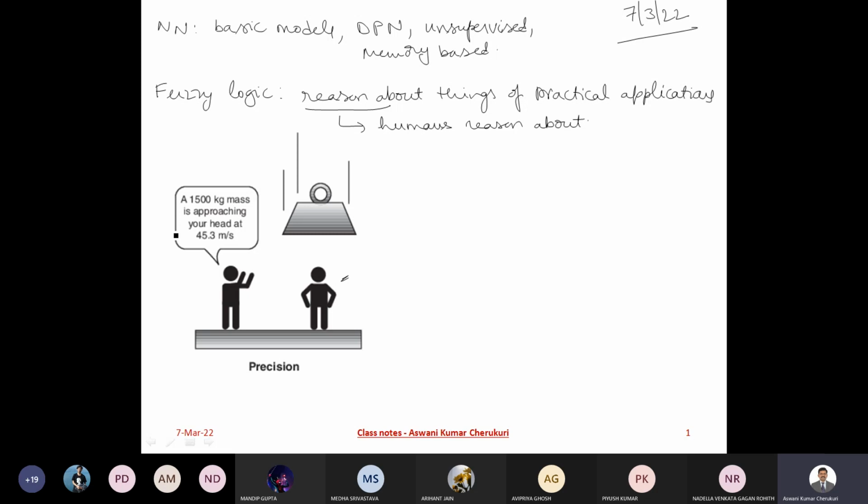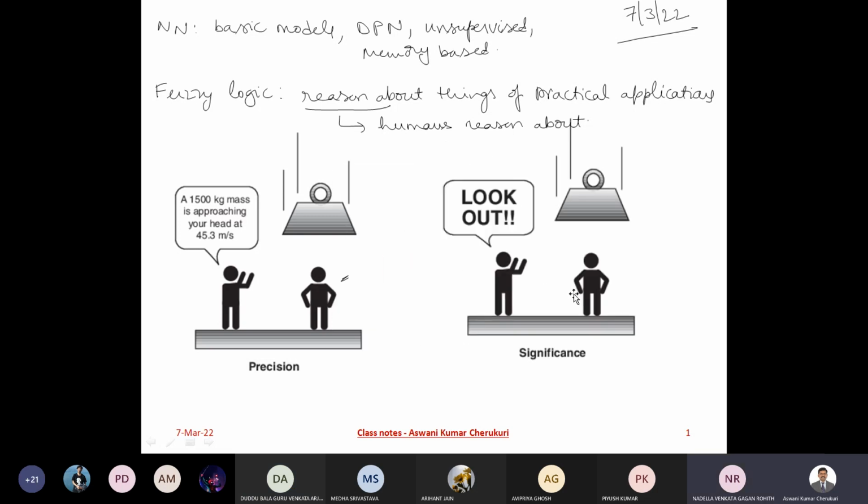Does this happen in practical applications? No, sir. What happens in practical applications? He will just tell that some kind of weight is falling on your head. He will say, just move away from the spot.